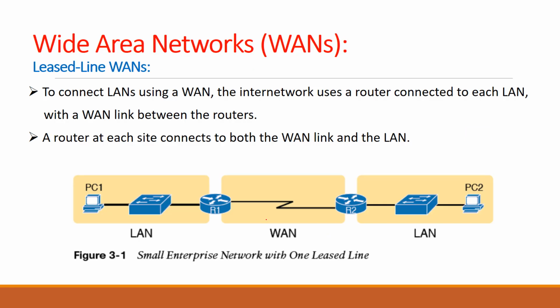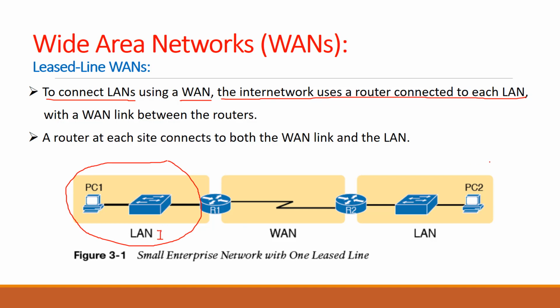Let's start with leased line WANs. To connect LANs using a wide area network or WAN, the internetwork uses a router connected to each LAN. Let's assume we have here local area network 1, and let's assume we have here local area network 2.